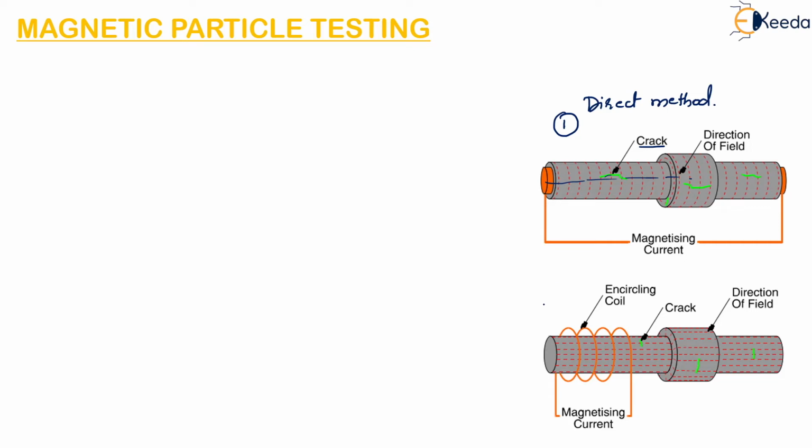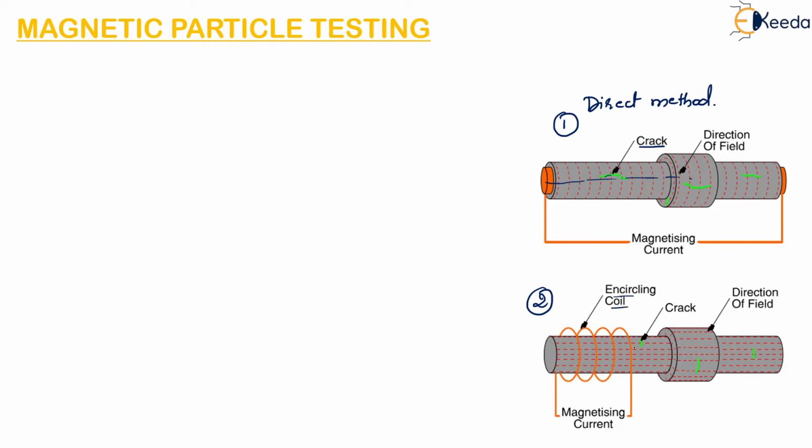So this is the first method, and this is the second method, that is the indirect method, the second form. In this we are making the test piece form part of a yoke which is wound with a current carrying coil. So this is the encircling coil, which is carrying the current.